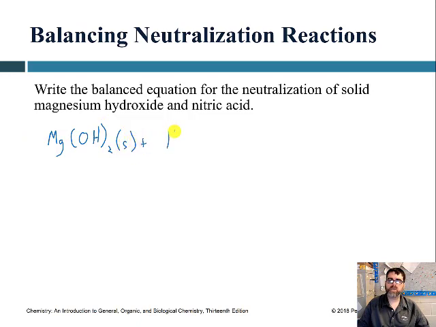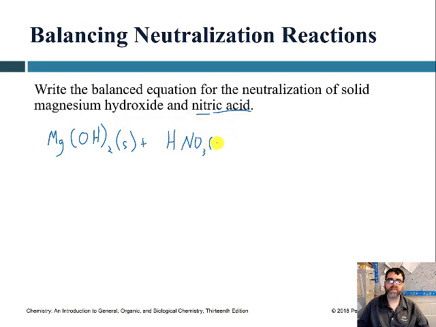Nitric acid is HNO3. You can go through the naming process, telling you there's a nitrate ion with the ic acid suffix, the nitrate polyatomic ion, and then of course acids have an H there.